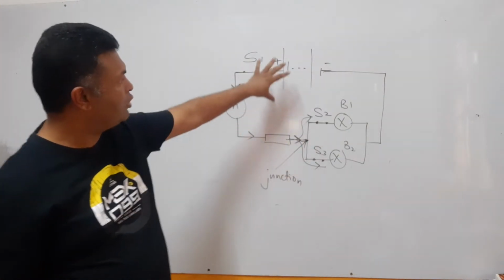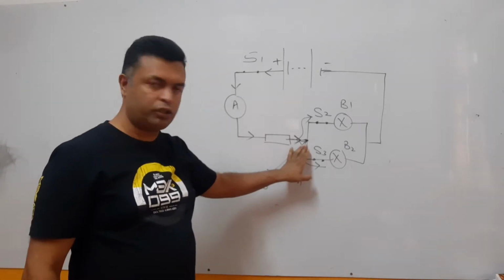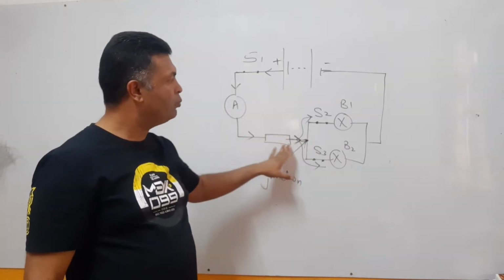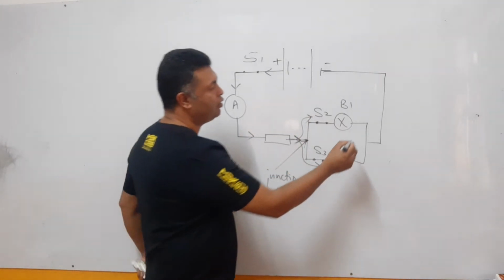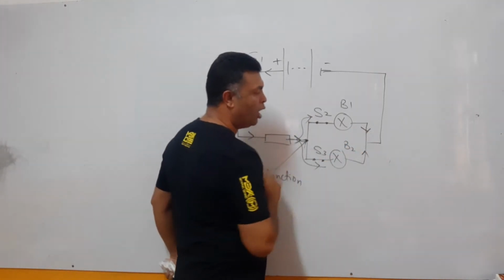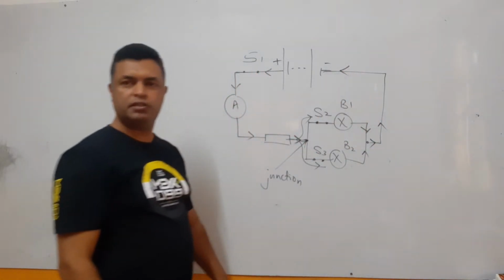So I have the current coming here from the positive terminal of the battery. When it reaches the junction, some of the current will pass through B1, some through B2. Then the current flows through the two bulbs, they join together to come back to the negative terminal.